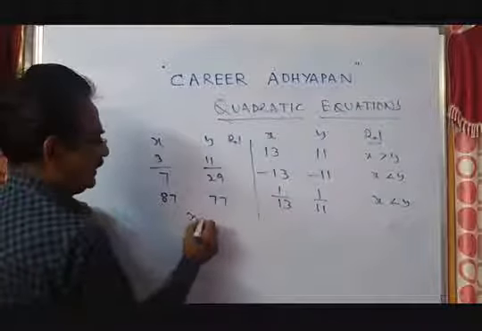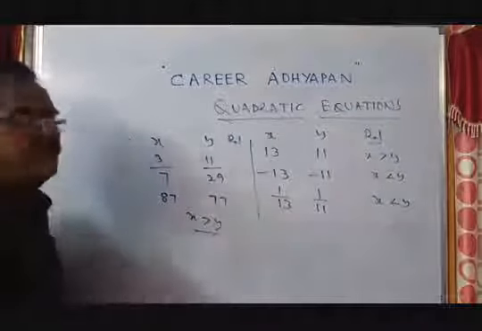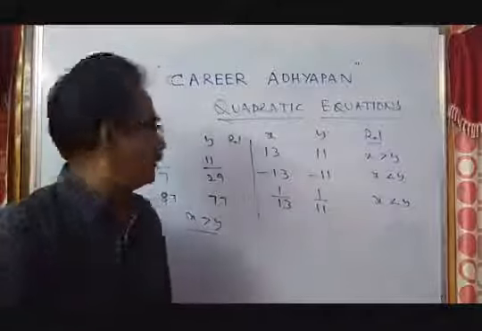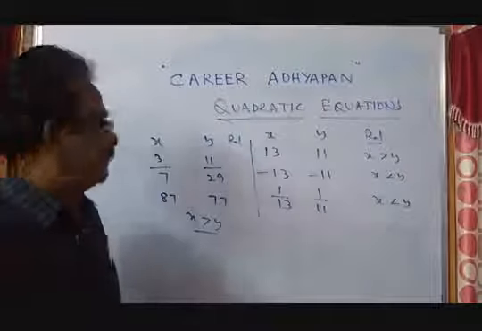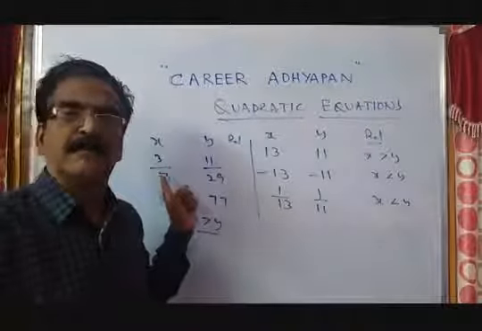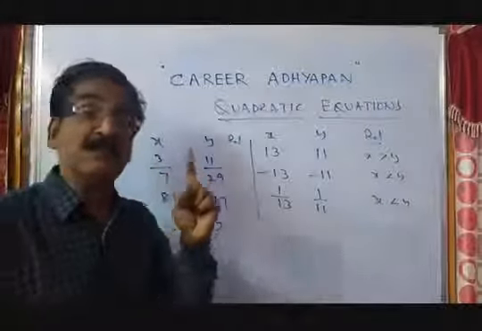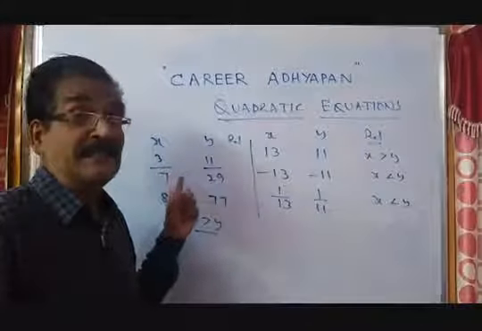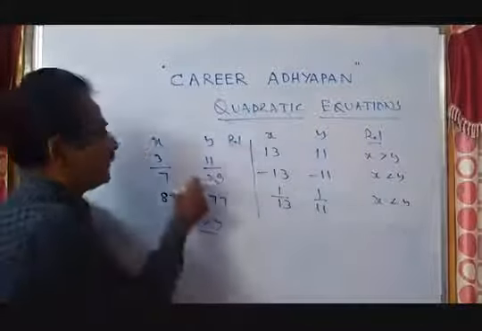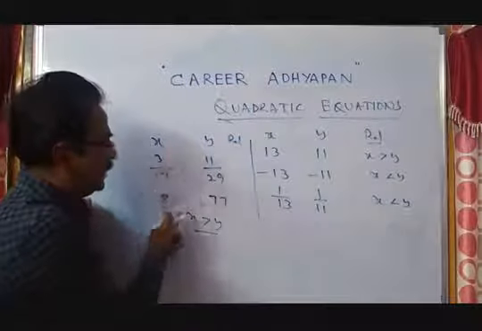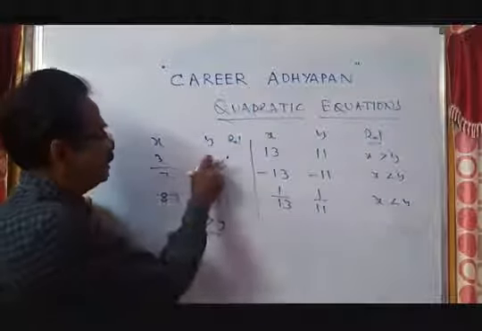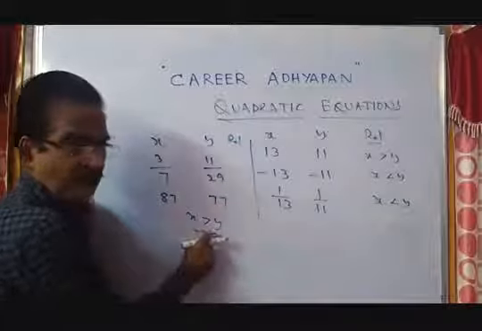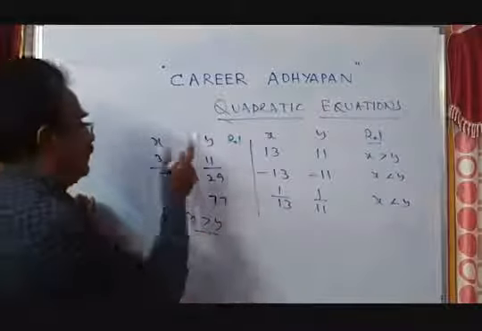So x is greater than y. Which is greater, 3 by 7 or 11 by 29? 3 by 7 is greater. So you can establish the relation very easily by doing this.